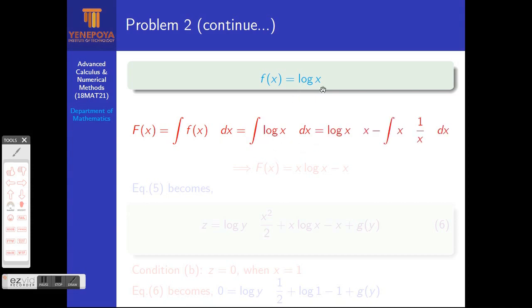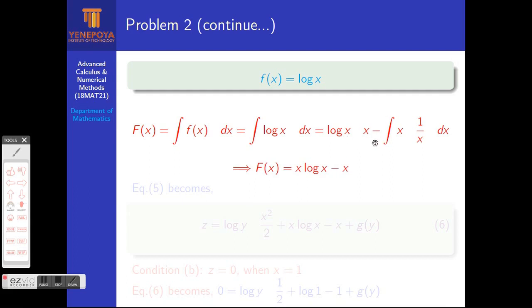Here we should proceed with integration by parts rule, taking log x as first term and 1 as second term. So log x as it is, integration of 1 is x, minus integral of, that is x into differentiation of log x, which is 1 by x.